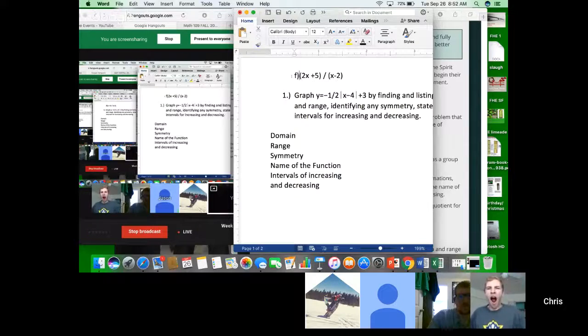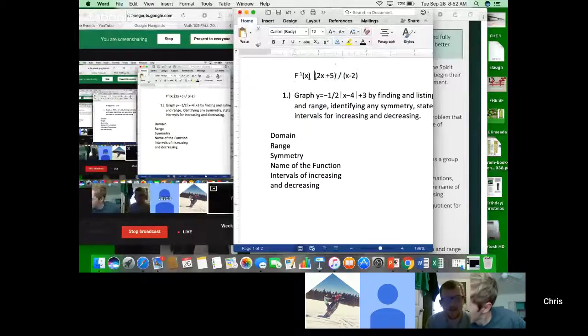F of x, and there's a little like -1 right here. Yeah. And before that, all that would be in parentheses. Do you guys know which one I'm talking about? Yeah, I know which one you're talking about. So you have to take the inverse of the original problem where you switch the x's and the y's. Yeah, so it changes those to y's.